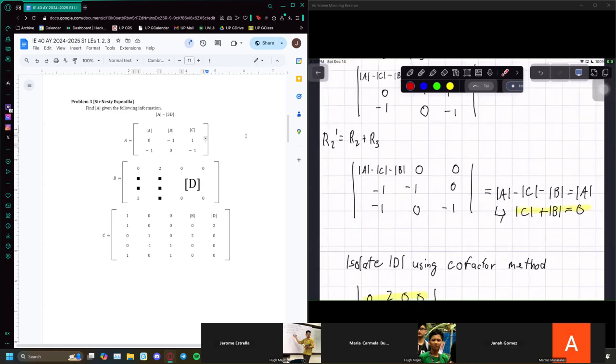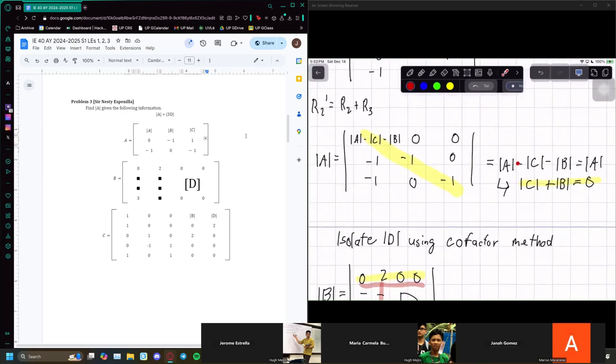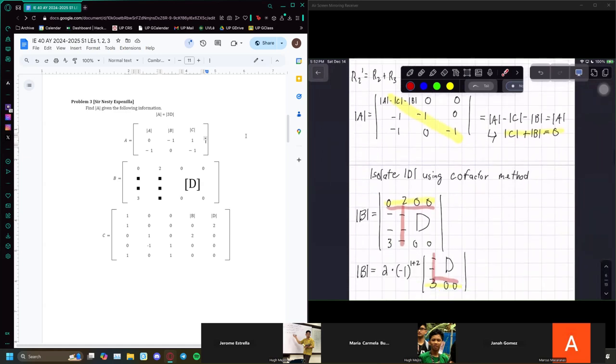So the determinant of A, remember that this is the A matrix, is equal to the product here. You get A minus C minus B equals A. A is on both sides, so just cancel, algebra. Hooray! You find that the determinant of C plus the determinant of B is equal to 0. That's our second equation in our system.